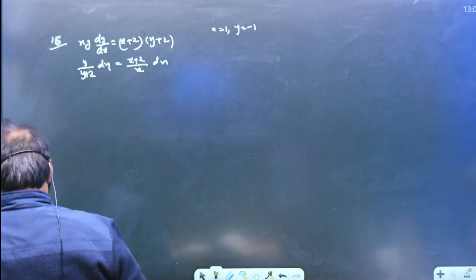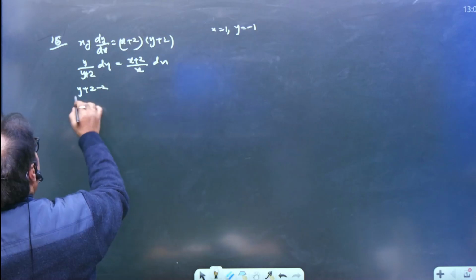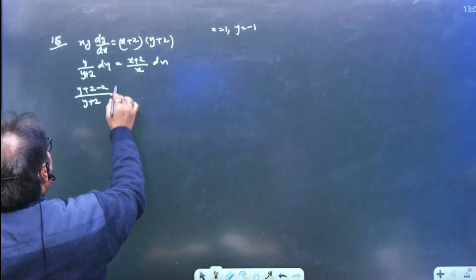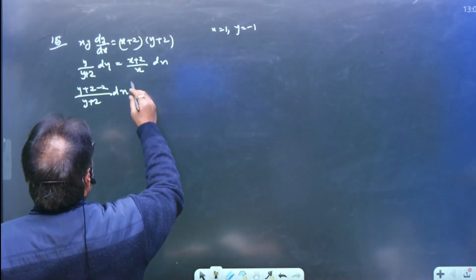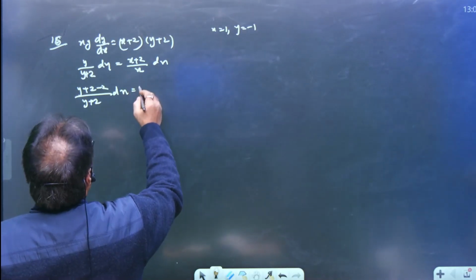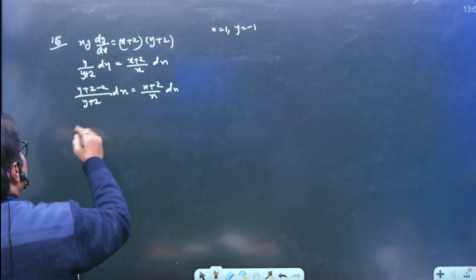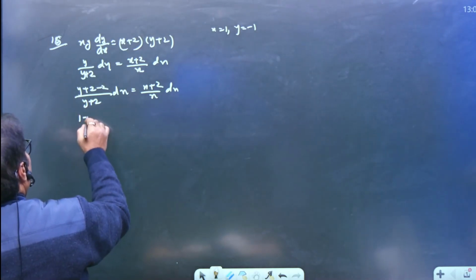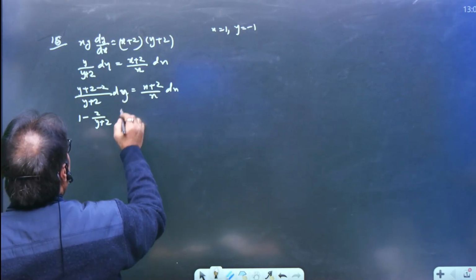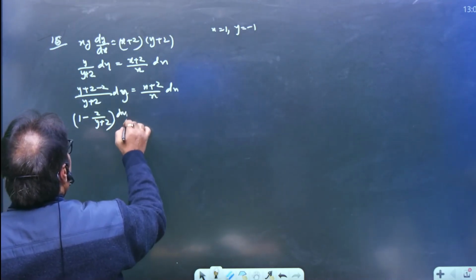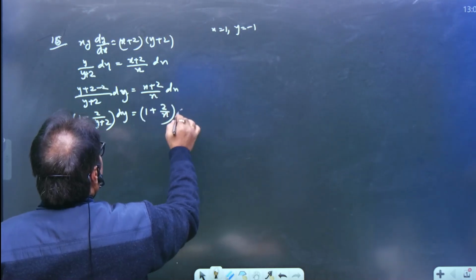So here is y plus 2, so we can write plus 2 and minus 2 upon y plus 2 dy, and similarly here apply the separation property, x plus 2 upon x dx. So this is 1 minus 2 upon y plus 2 dy is equal to 1 plus 2 by x dx.